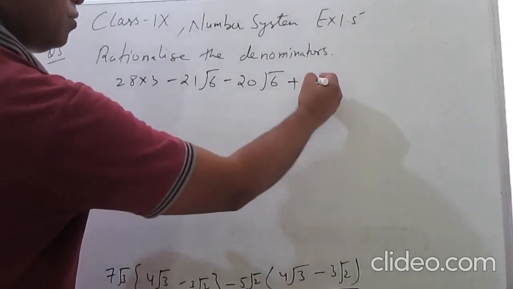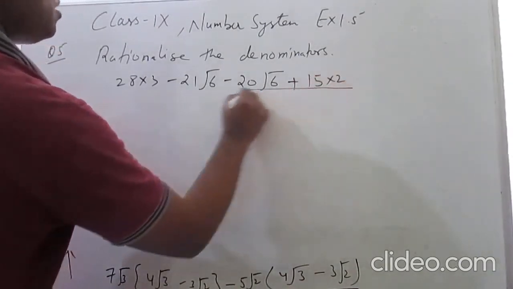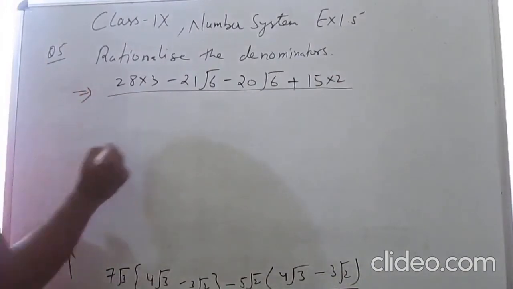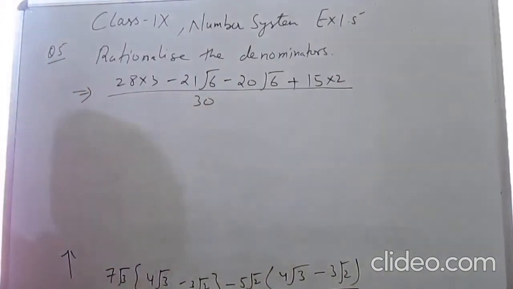So 15 into 2 upon, in the denominator it is 30.